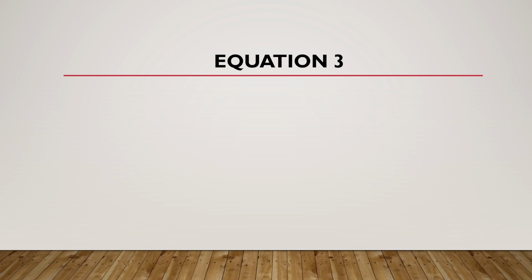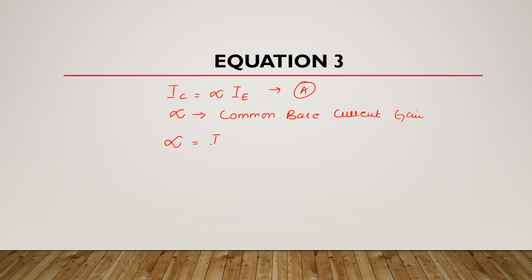Our third equation is IC is equal to alpha IE, where this alpha is common base current gain. If we rearrange this equation, we get alpha is equal to IC divided by IE.